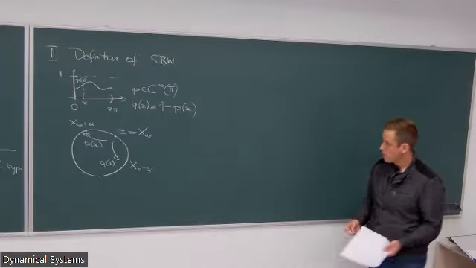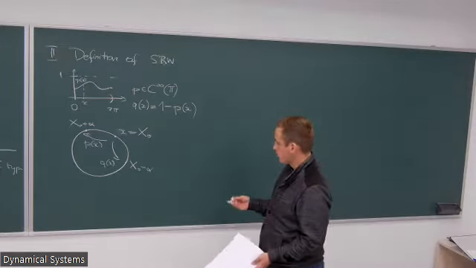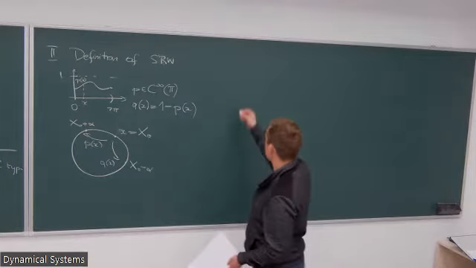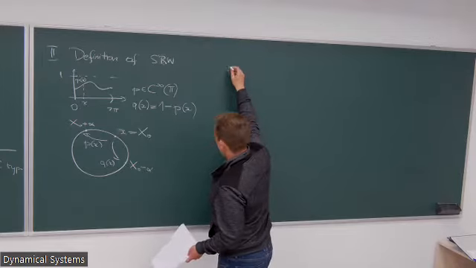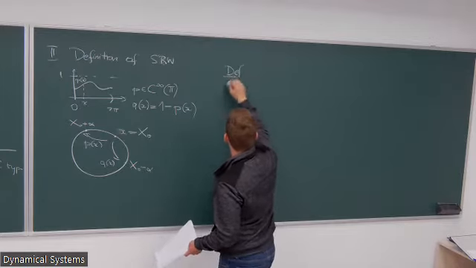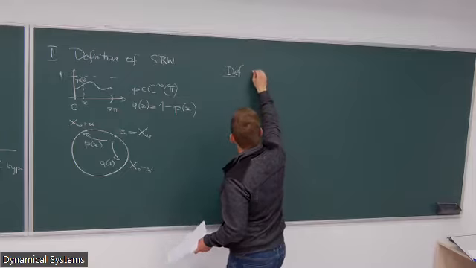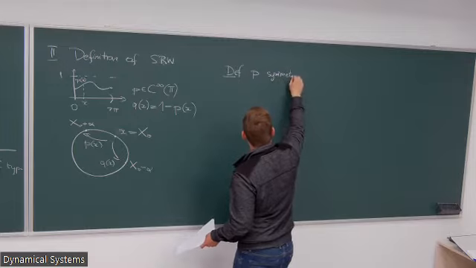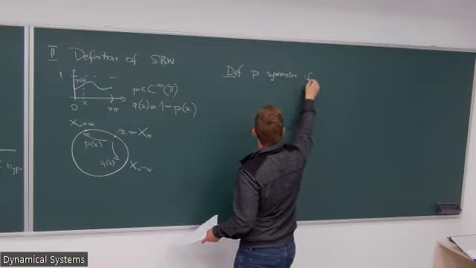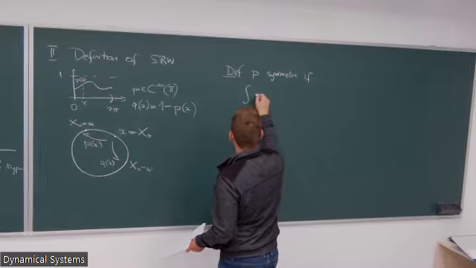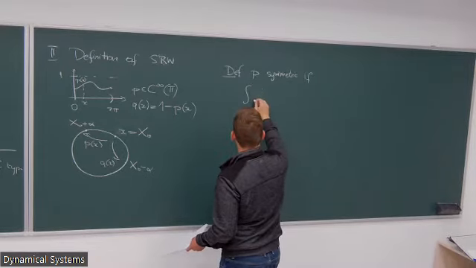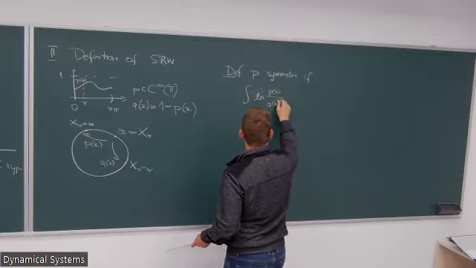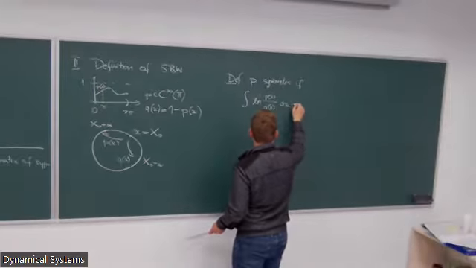This is something that was investigated by Sinai, called simple random walk. We call this random walk P symmetric if the integral of P with respect to the Lebesgue measure is 0.